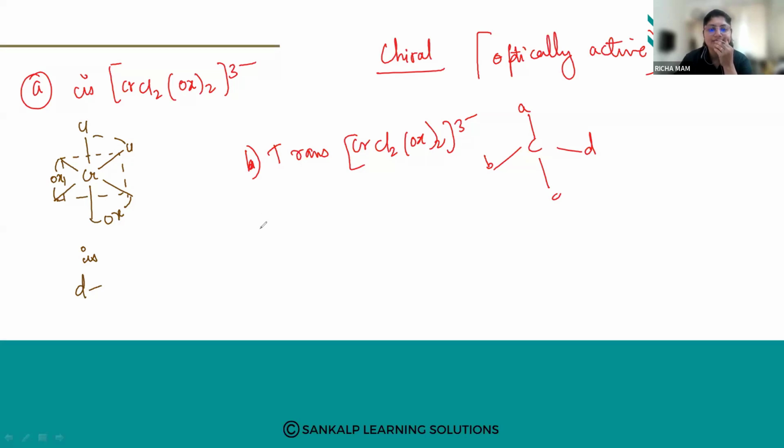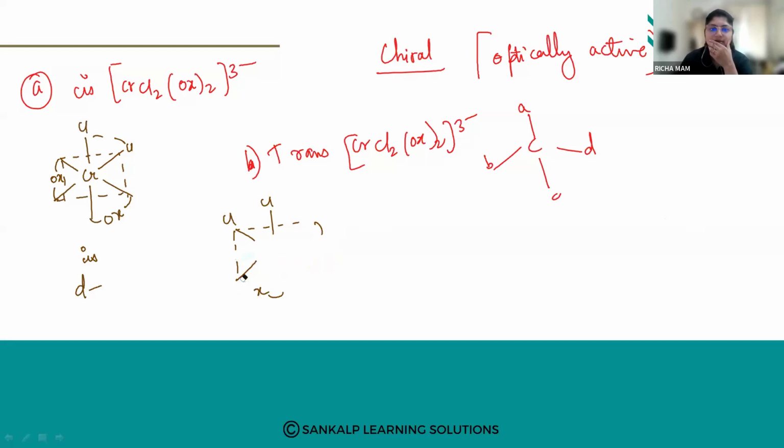So it is D. Then if I want to write trans now, what is the possibility? Chromium here, then oxalato. Oxalato is also a bidentate ligand. Oxalato, ox, ox. So here also the possibility is like this.